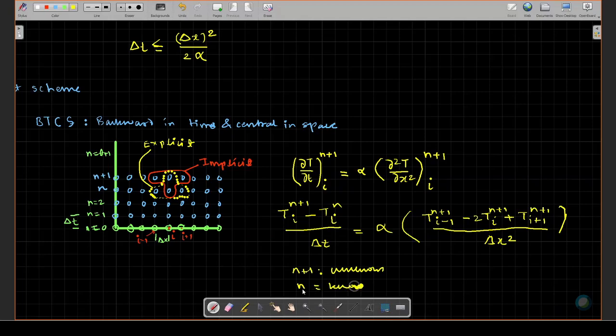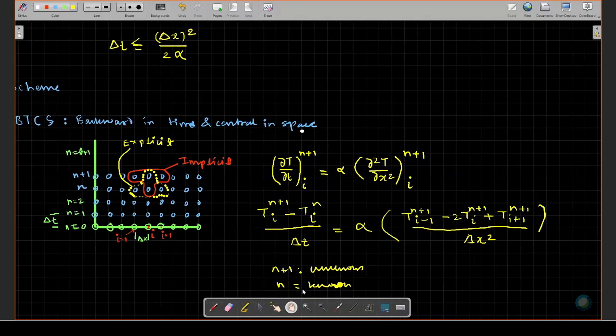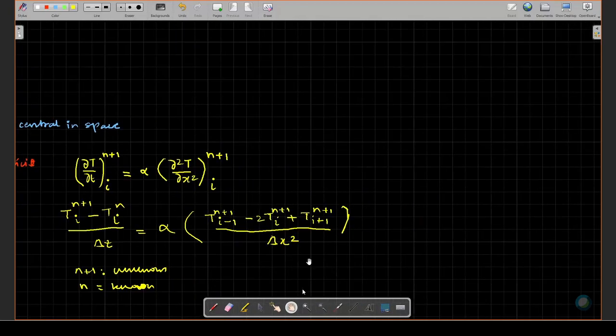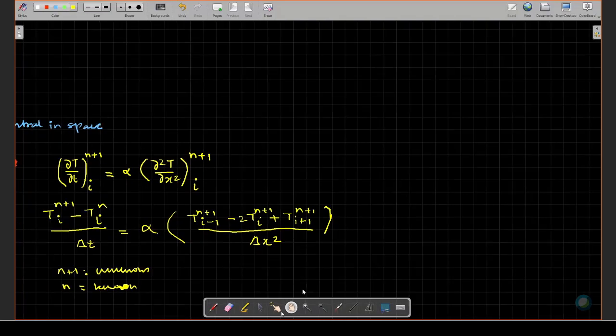Okay. So what do we see here is we have many unknowns and only one known. If we have many unknowns, many unknowns means more than one, more than two.